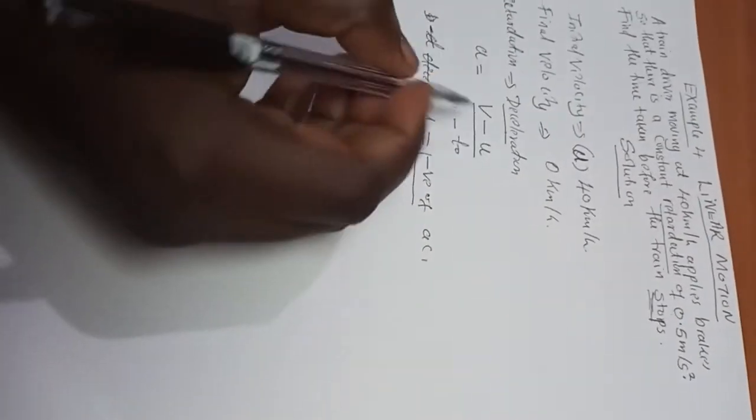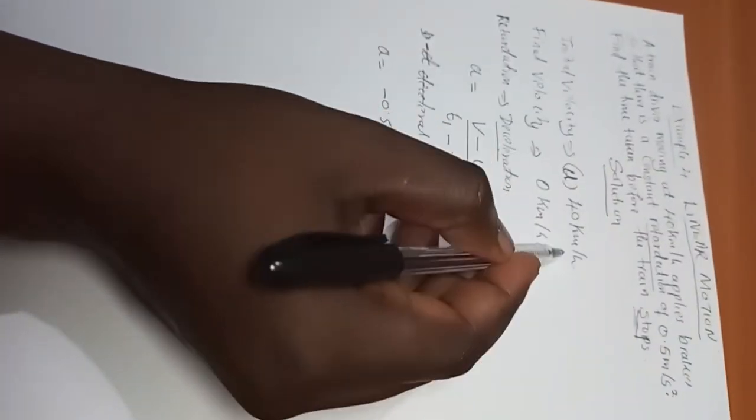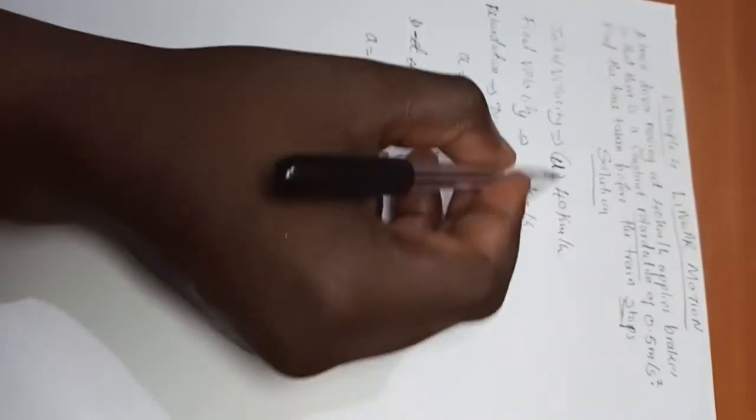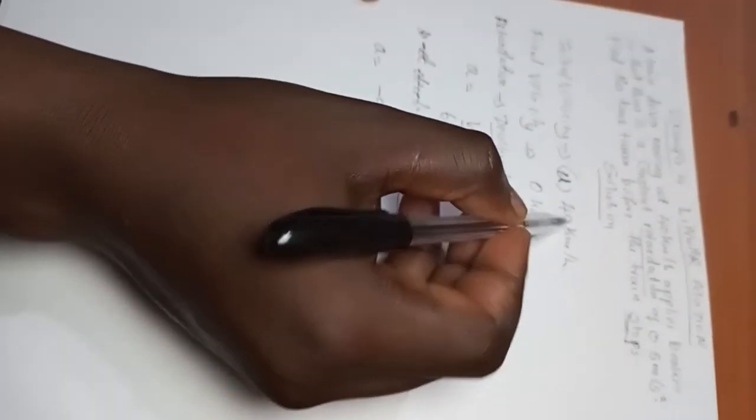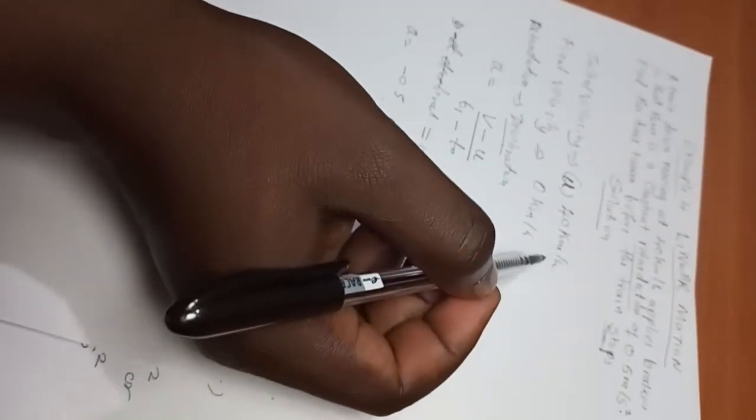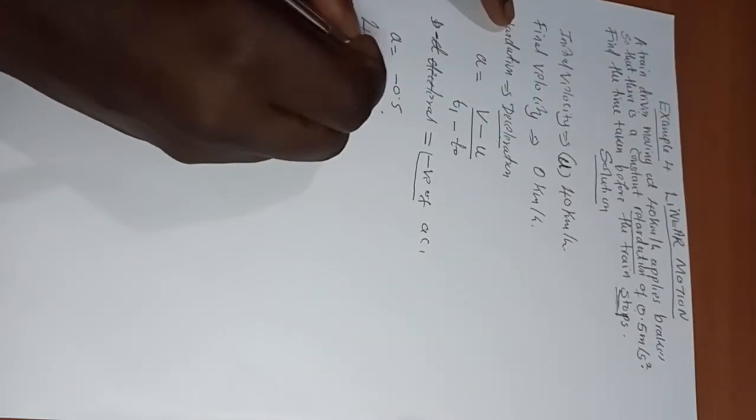So a is negative 0.5, and our u was 40 kilometers per hour. Again, we need to convert this 40 kilometers per hour into meters per second.